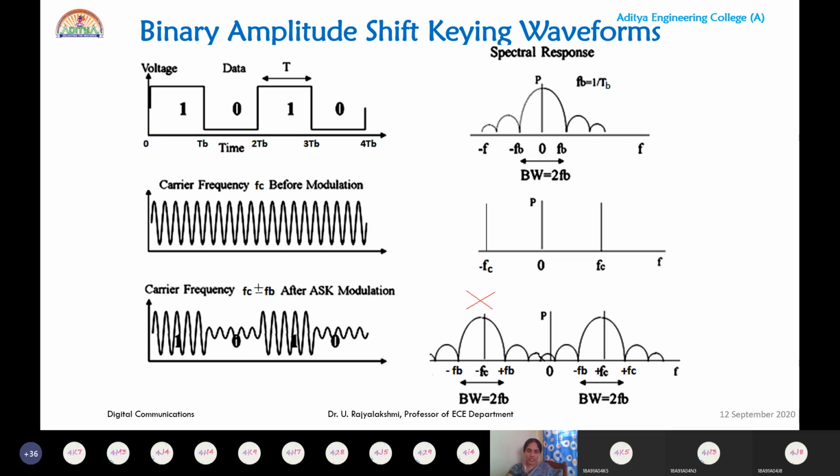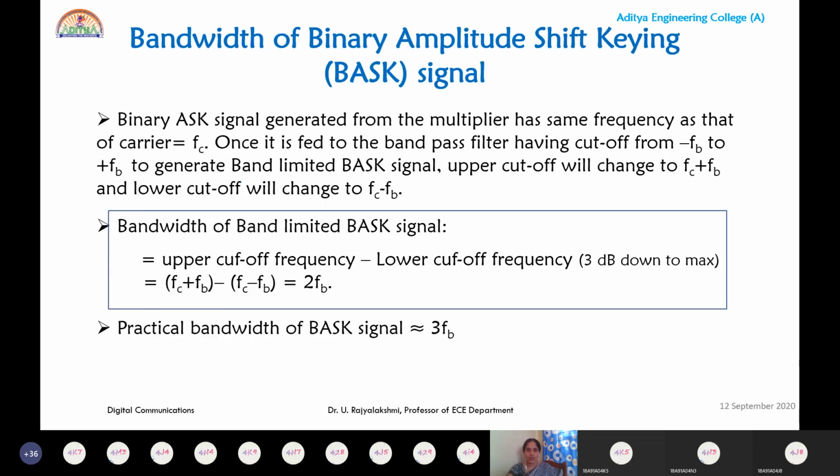In general, negative frequencies are not considered for real-time applications. So only the positive real frequencies are considered, and the signal exists only from fc minus fb to fc plus fb. So what is the bandwidth? Bandwidth is defined as the upper cutoff frequency minus the lower cutoff frequency.